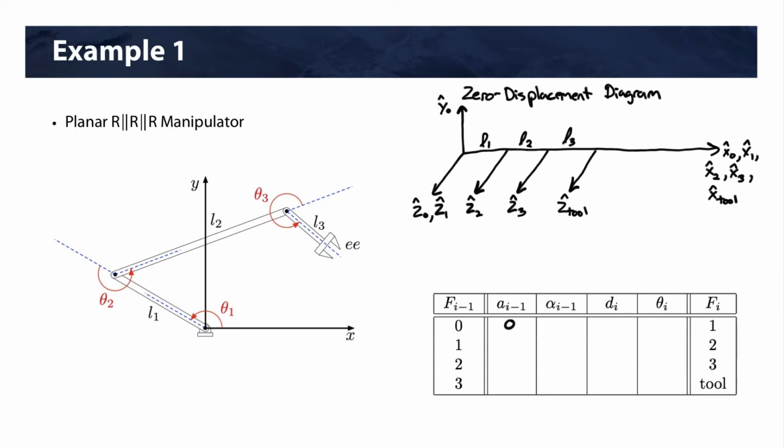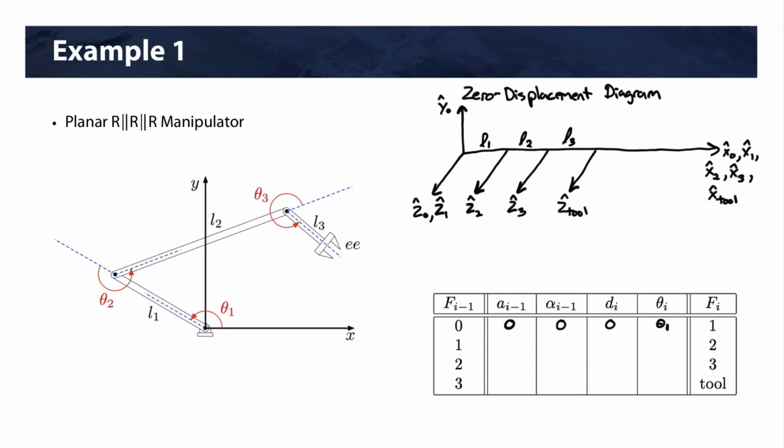Alpha i minus 1 is the angle between Z i minus 1 and Z i. Again, they're collinear, so our angle is going to be 0. d i is the distance from X i minus 1 to X i measured along Z i. It's also 0 for this case. And our last, theta i, is going to be our joint value. Although it's 0 in this drawing, we're going to keep it as a variable. So we're going to say this is theta 1.